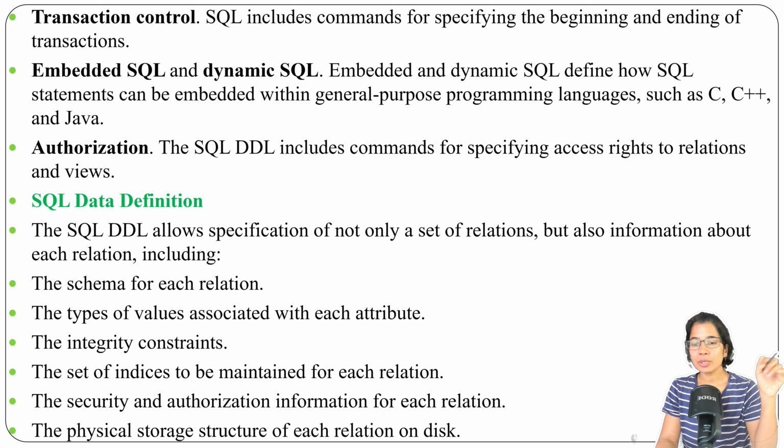So DDL includes specification of schema, the data type, integrity constraints, indices, security and authorization and physical storage information. So all these things we should include in the DDL.